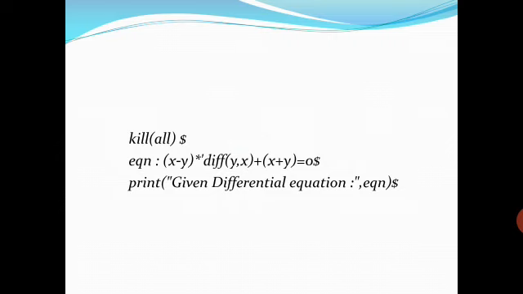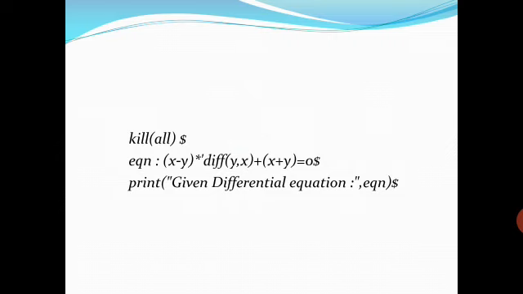Kill all. Usually in Maxima we use kill(all) to clear the screen. EQN, EQN means equation, is (x minus y) star 'diff(y, x), that is (x minus y) into dy by dx plus (x plus y) is equal to 0.